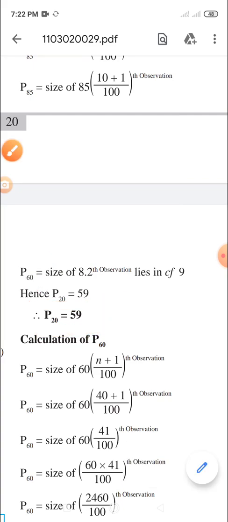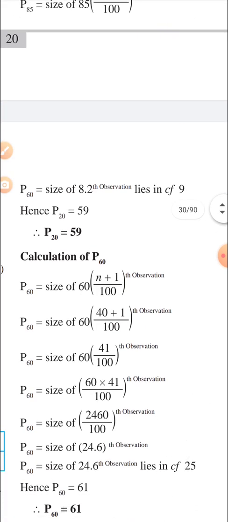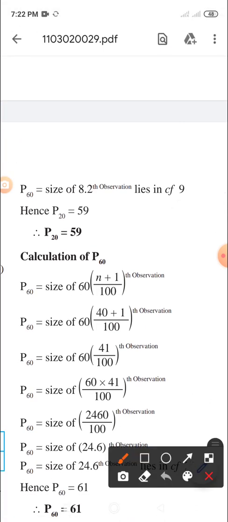Next, calculation of P60 from the same given data. Okay, so P60 is equal to size of 60 into (n plus 1) upon 100th observation.